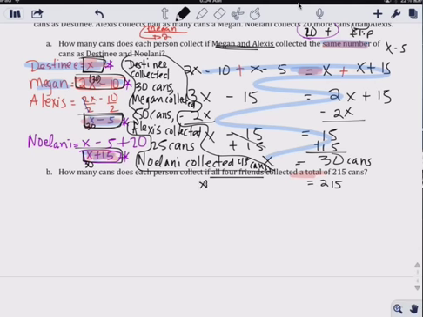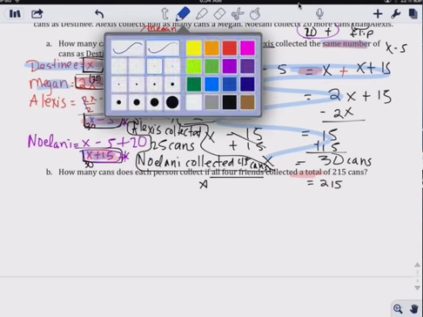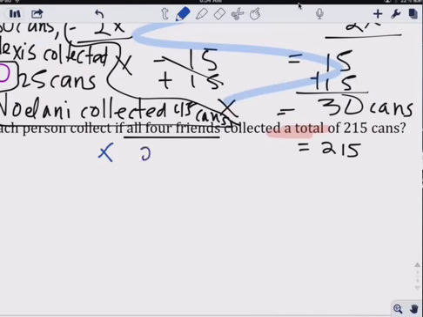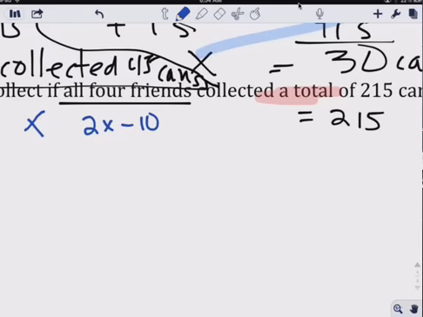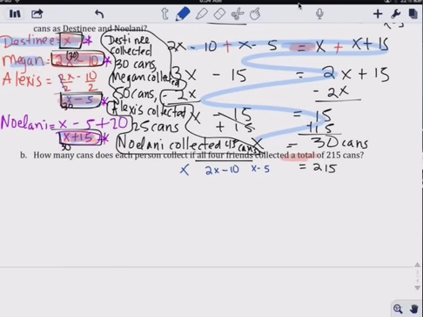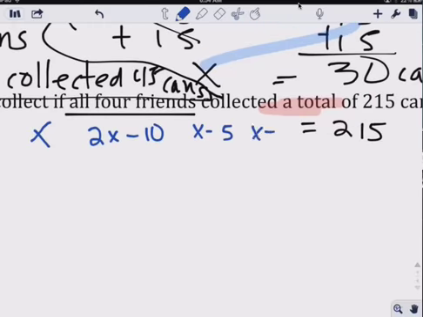I'll use different colors, sorry. x, 2x minus 10, x minus 5, and x plus 15. Combine them all. It means add them all, because it's a total. I'm going to add them all, and it has to equal that.